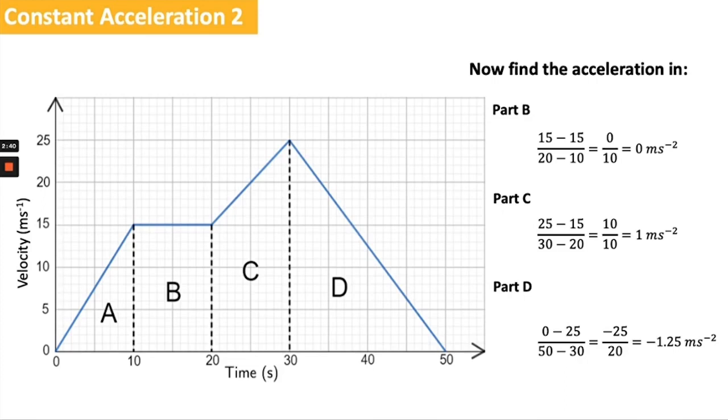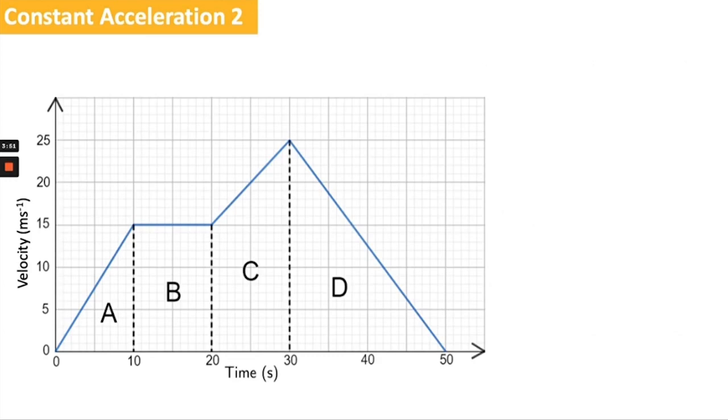The time interval here was 20 seconds, 50 minus 30, and we can calculate that to be negative 1.25 meters per second squared. So just be really careful on the negatives. And of course, negative acceleration we refer to as deceleration. The velocity is reducing over time.